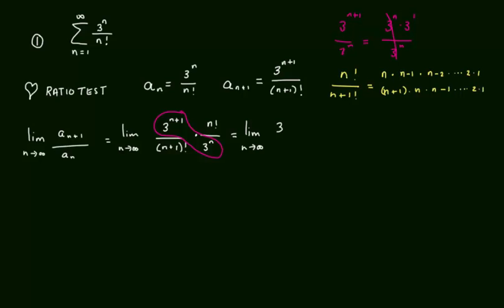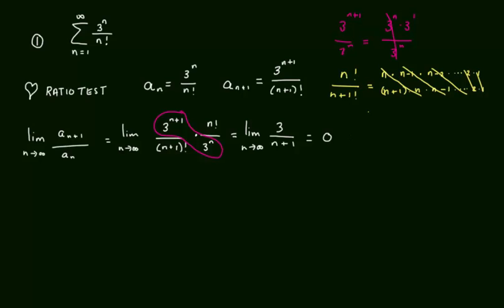So everything will cancel out here, except we are going to be left with 1 over n plus 1. So there we go. And this limit then comes out to be 0.